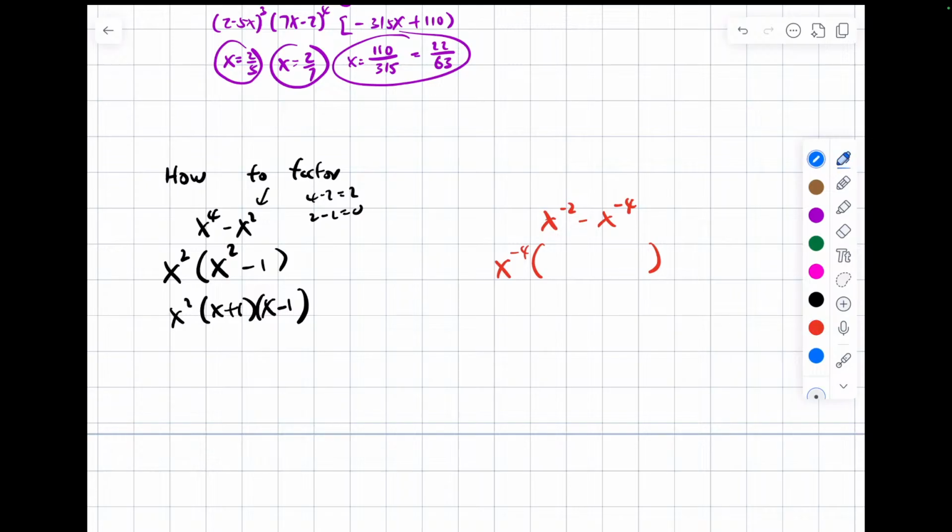So, no, it's not negative 6. Negative 2 minus negative 4 is negative 2 plus 4. That's equal to 2, so that's going to be x to the 2 if you pay attention. And if you factor out negative 4, negative 4 minus negative 4 is equal to 0, so that's going to be 1. And then that's going to be x plus 1 times x minus 1 all over x to the 4.